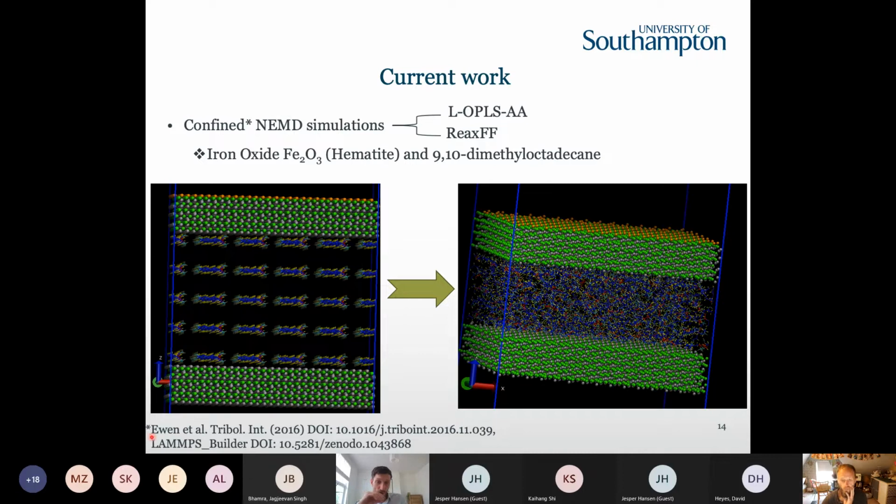This is taken from an open source program, LAMMPS Builder, which is available here. We modified the code to include our lubricant, and this code can be modified to include any lubricant. We examine different applied pressures at the top, and we shear.